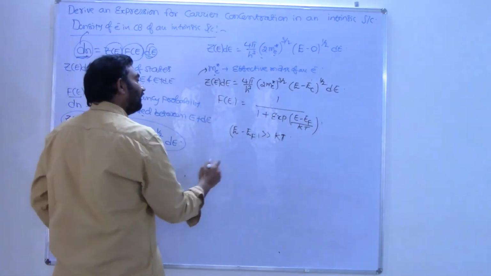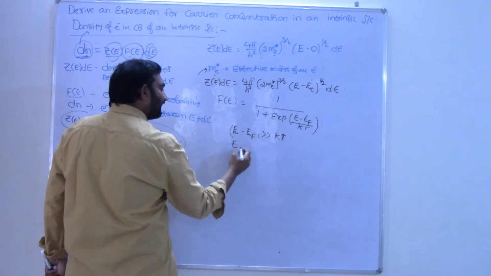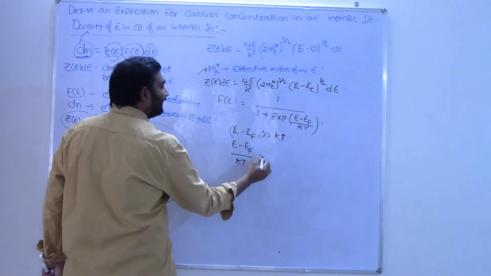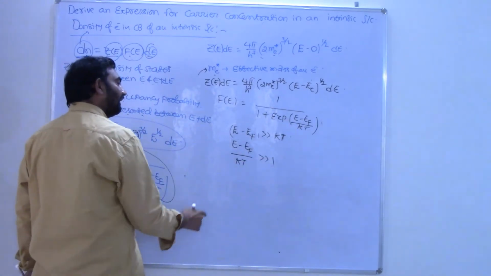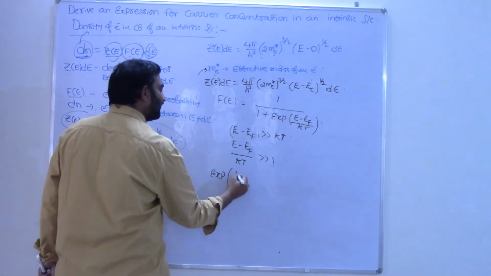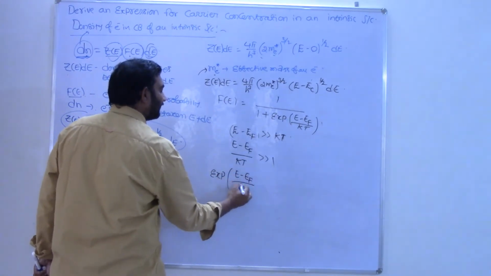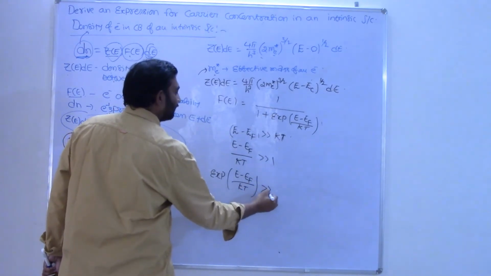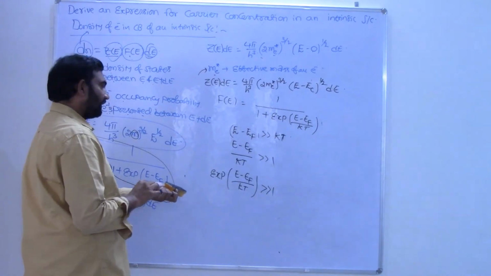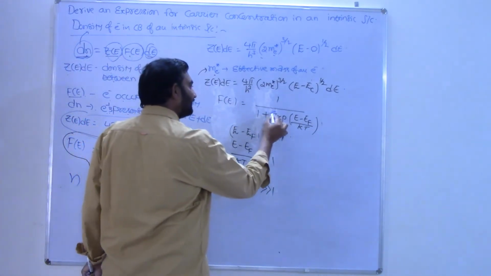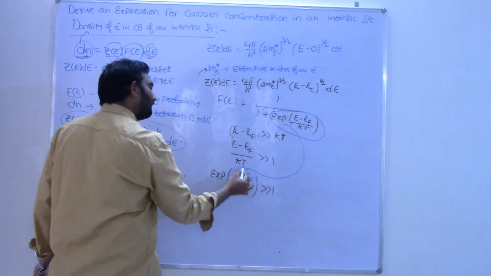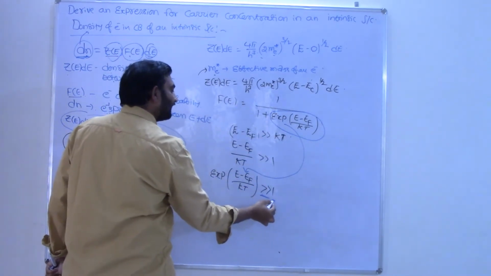So if E minus EF is greater than KT, then we can write E minus EF by KT is greater than 1. If this value is greater than 1, then its exponential value is also greater than 1. Let us see this equation. The exponential of E minus EF by KT is greater than 1.